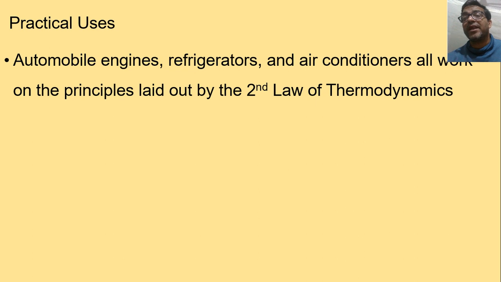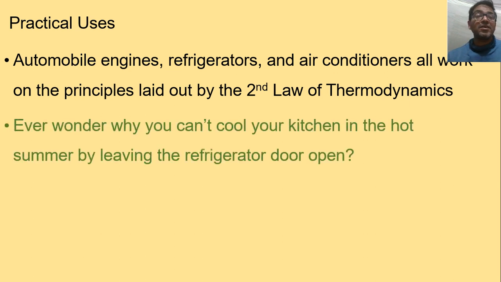They both are happening. First is the isothermal expansion, then adiabatic expansion, then isothermal compression, and then the adiabatic compression. So we can start from 1 and then come back: 1 to 2, 2 to 3, 3 to 4, 4 to 1, right? So this is the way of understanding.